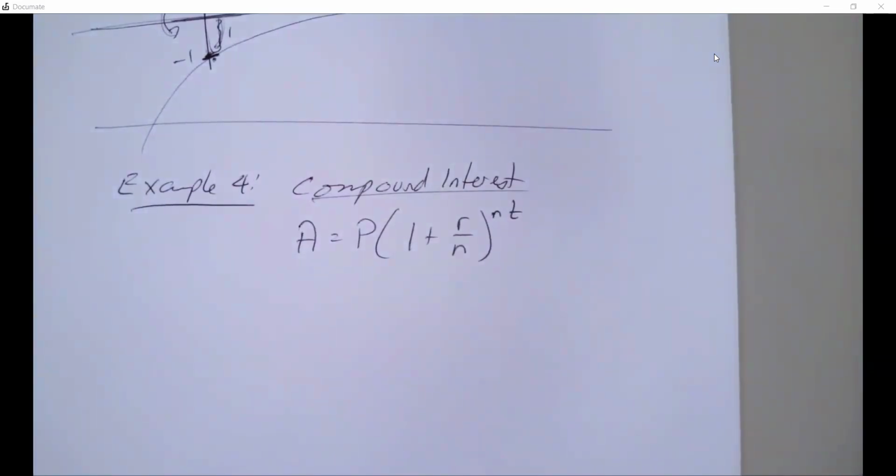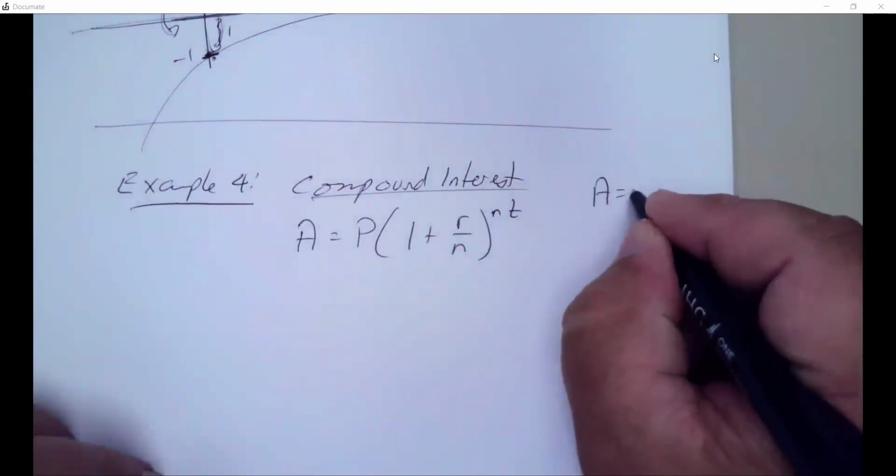Each month they add on more interest to how much you borrowed. Simple interest is you borrowed $100, I don't care when you pay me back $100. That's simple interest. No interest. Compound interest changes each week, each month, each day, each year, however long you say it.